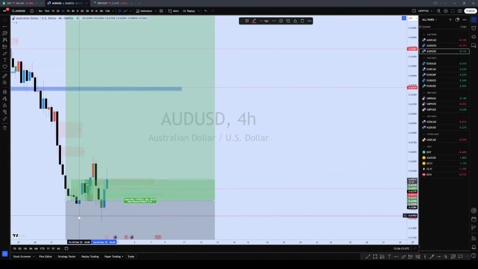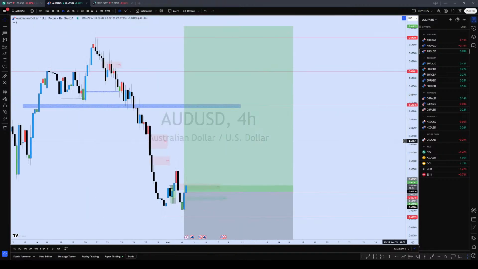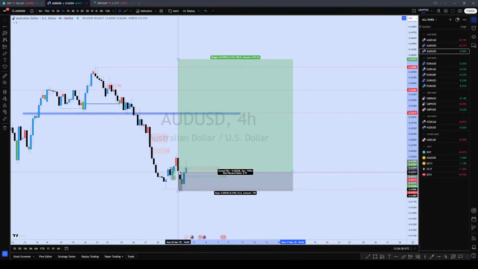So we took out previous week low and then we printed this down candle. So I bought this one, the opening of that candle, with a stop below the down candle. That's basically the entry here.